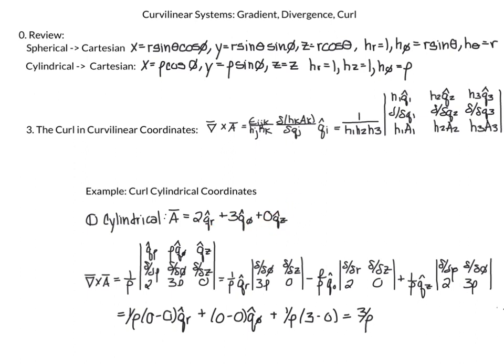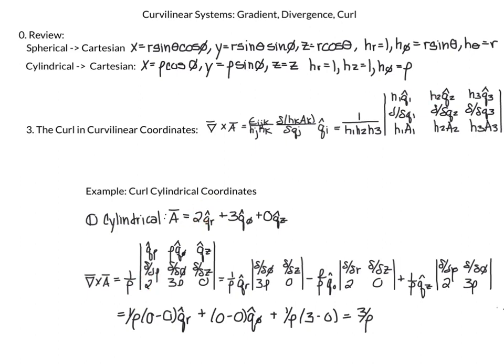So del cross A, the curl, is equal to, now we multiply 1 over h1, h2, h3. In cylindrical, h_r is 1, h_z is 1, and h_phi is rho. So we just get 1 over rho. Here I have h1 times the rho basis vector, dd rho, and then h1 times a1, again h1 is 1, and a1 here is 2, so 1 times 2 gives me this 2.